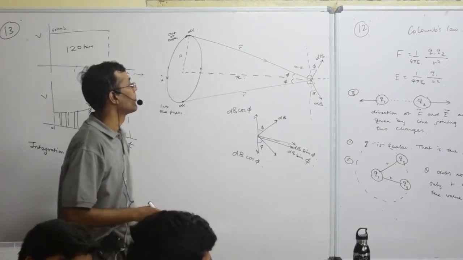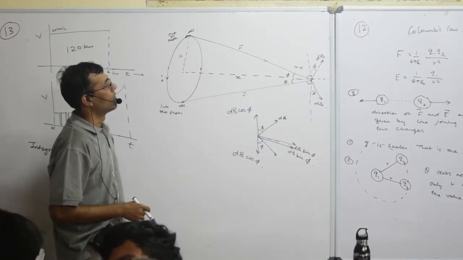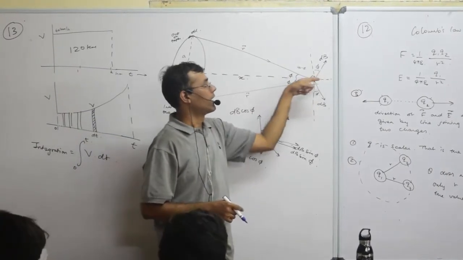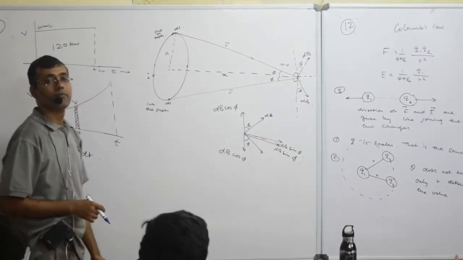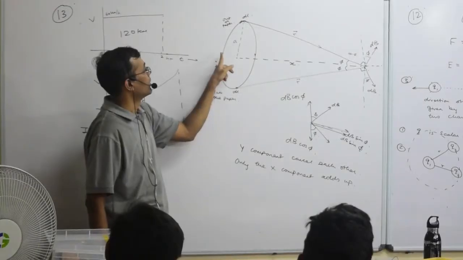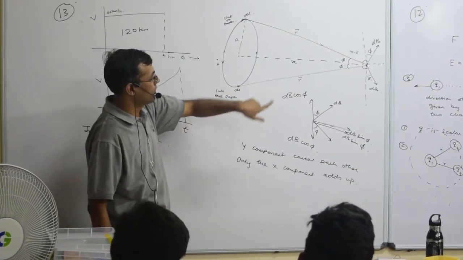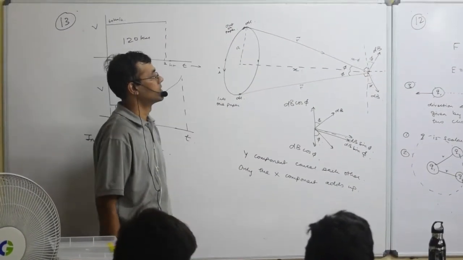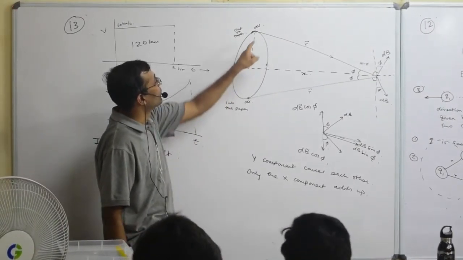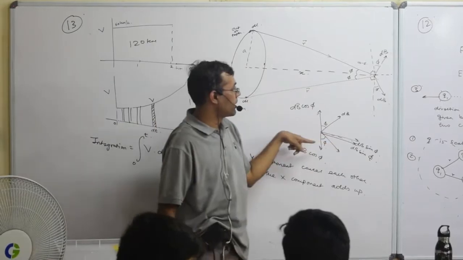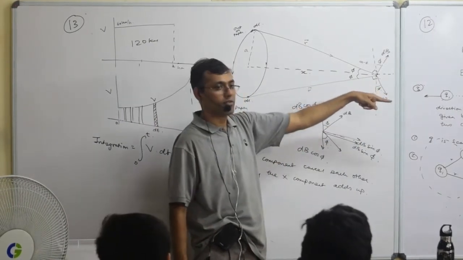Okay. So there will be only x components. Each one, this and this, you can say that all the cos phi's are going to cancel each other. That means one dL is going to contribute only dB sin phi, that too in the direction of the axis.